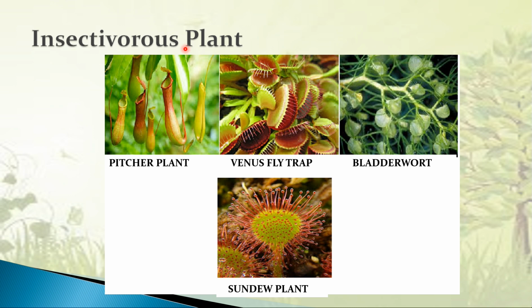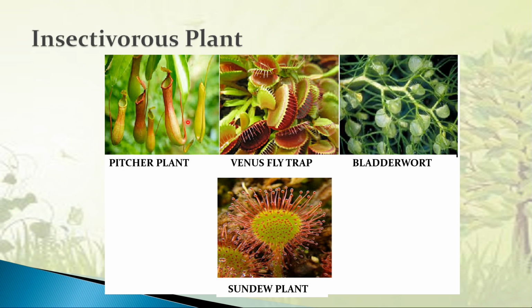Plants catch and prey upon small insects. They carry out photosynthesis, but they grow in soil where nitrogen is present in less quantity. To obtain nitrogen, their leaves are modified into different types of structures like pitcher or bladder.